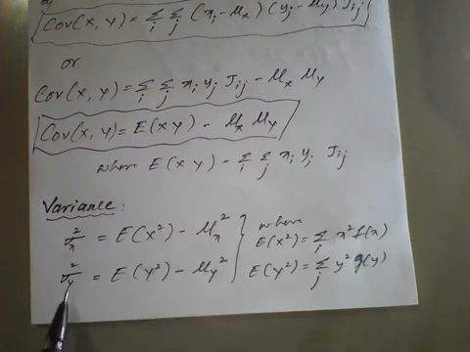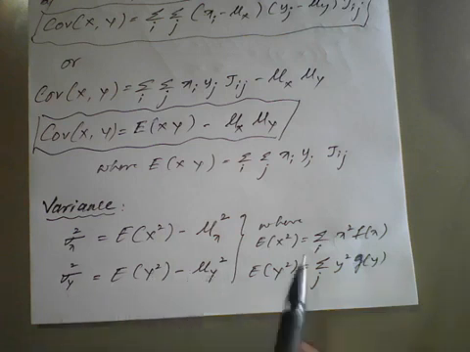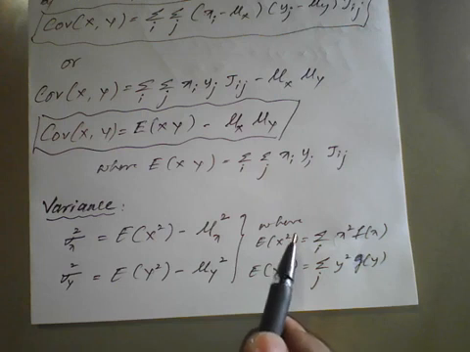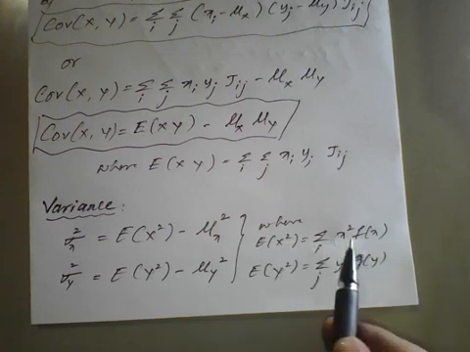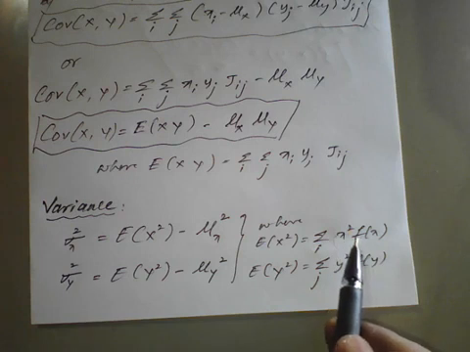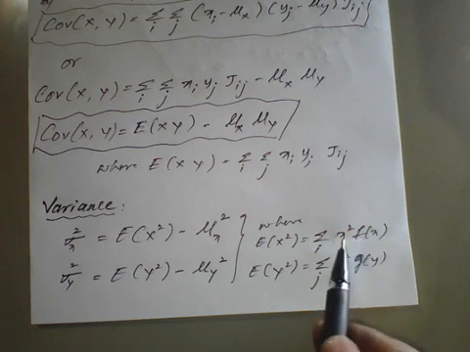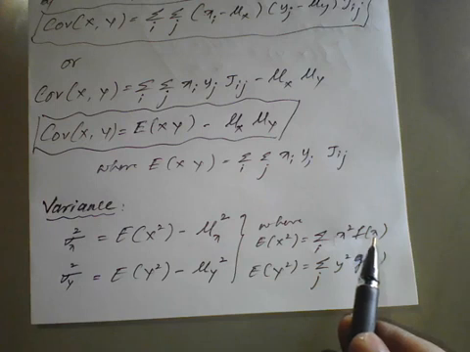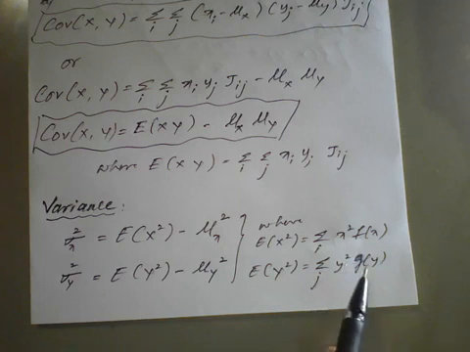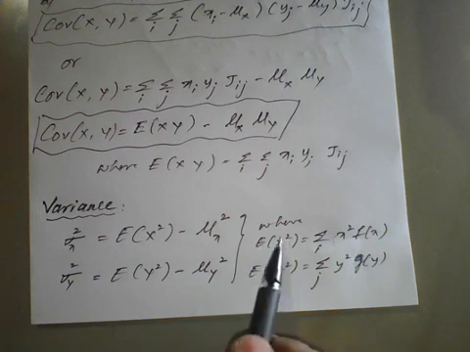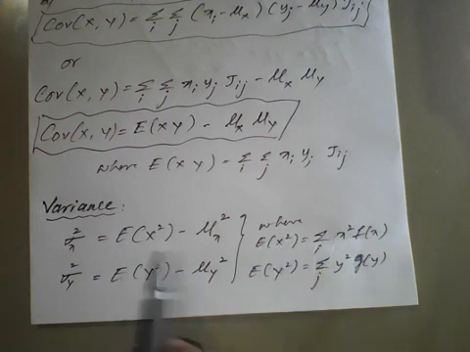And variance of y is given by expectation of y square minus mu y square, where expectation of X square is given by summation over i from 1 to n of x square times f of x. That is, whatever value small x is, we need to square that, then multiply with f of x. Similarly, the expectation of y square is summation over j of y square into g of y. So we need to get the values of expectation of x square and expectation of y square. These values we have to apply.